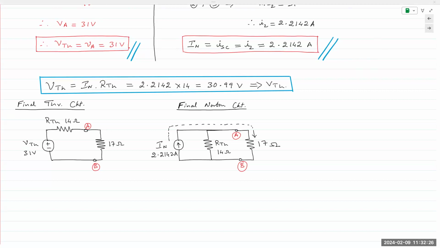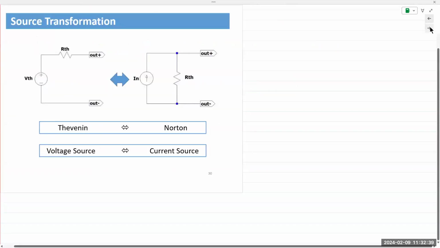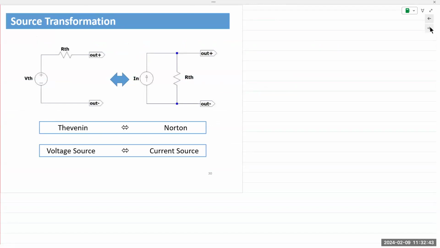All right, then moving on, there are two final topics for chapter 2. Source transformation and maximum power transfer theorem. Now, source transformation is a topic I like to teach students, but I do not recommend you use it.